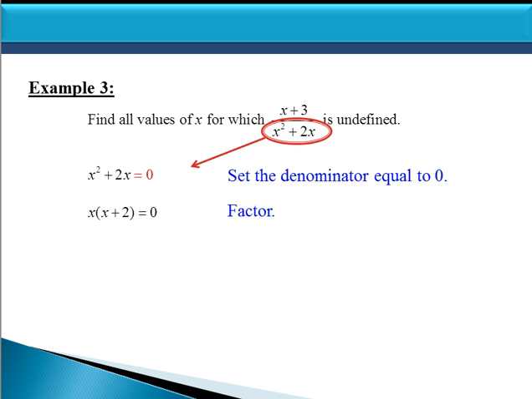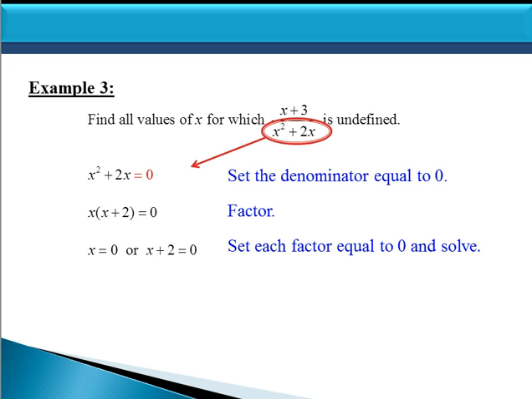So here we're going to use the zero product principle again, which says the only way this product will be equal to 0 is if x is equal to 0, because that's one of the factors, or if x plus 2 is equal to 0. So the x equals 0 equation, of course, is already solved. That's one of the values we were looking for.